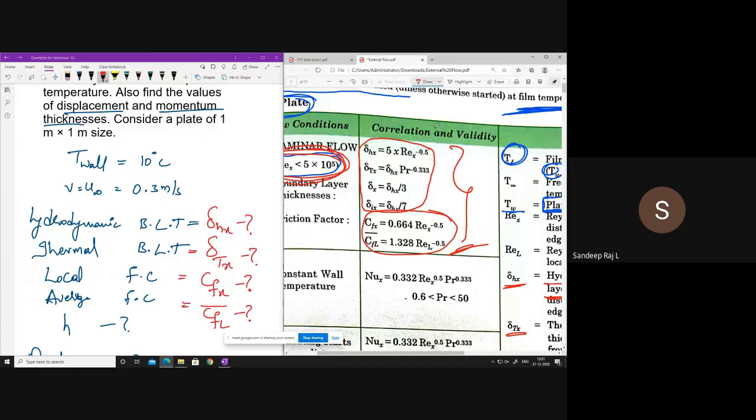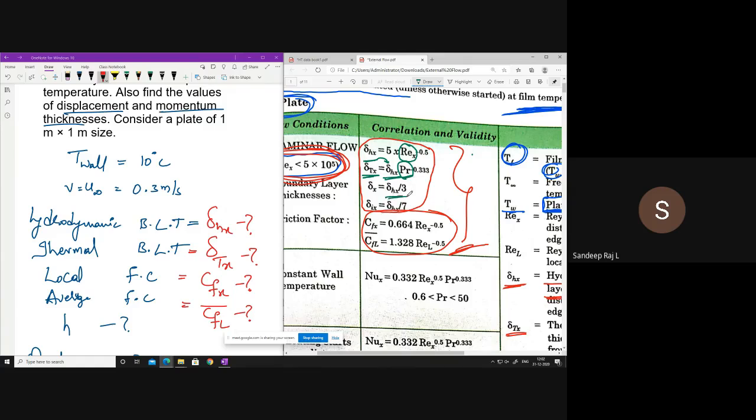For finding this, you will first have to find out the Reynolds number. And by Reynolds number, you're done with the hydrodynamic boundary layer. Based on the hydrodynamic boundary layer, you will find the thermal boundary layer. For that, you need the Prandtl number.